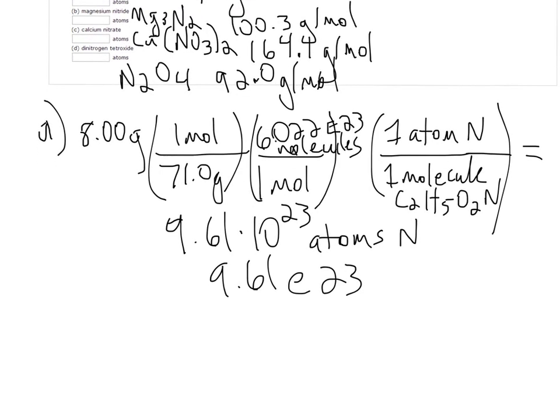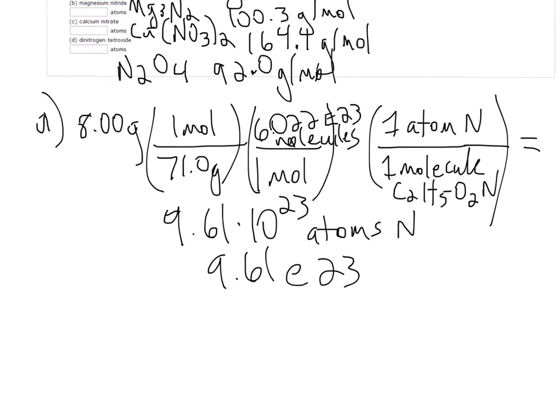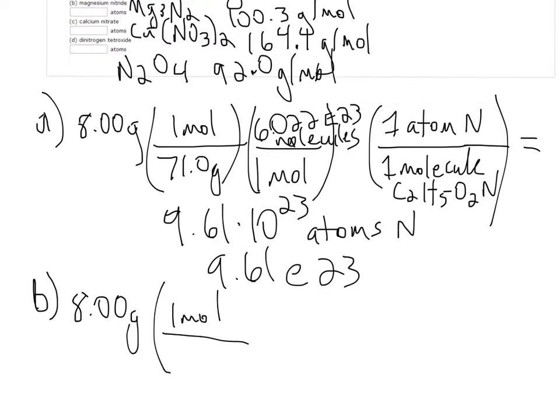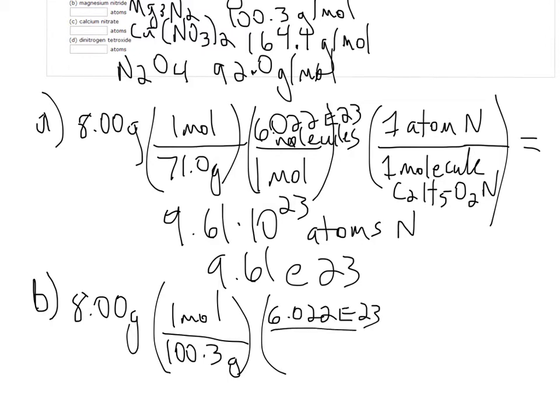Next one is magnesium nitride. My red number was 8 grams. The molar mass of magnesium nitride is 100.3. And the setup is almost identical in this problem as the last one.